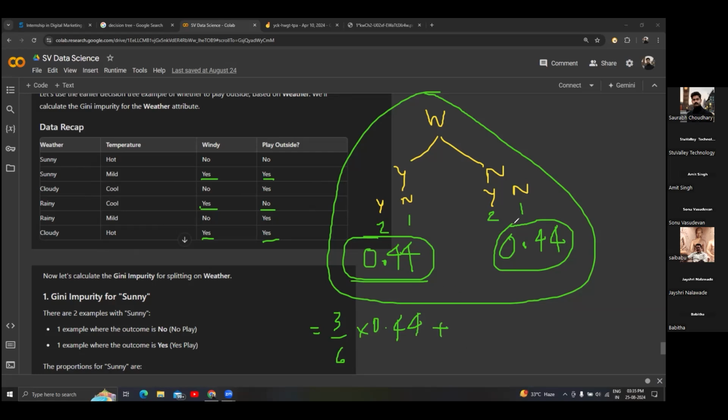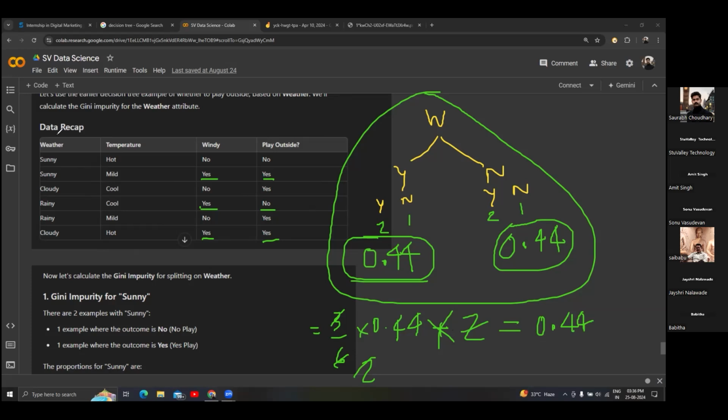So I think this will be the same for no also, so you can just multiply it by 2. Okay, 0.44 for the whole. So what do you think now?